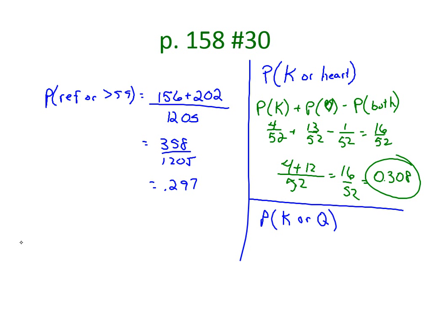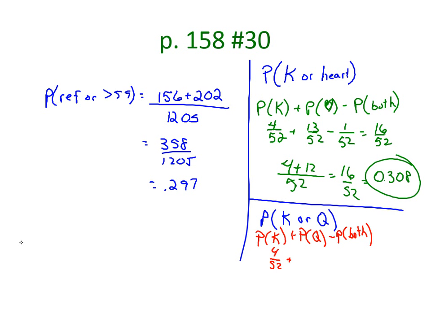So now we're doing the probability it's king or queen. So if I'm doing the probability that it's a king plus the probability that it's a queen minus the probability that it's both, what's the probability we have a king? 4 out of 52.